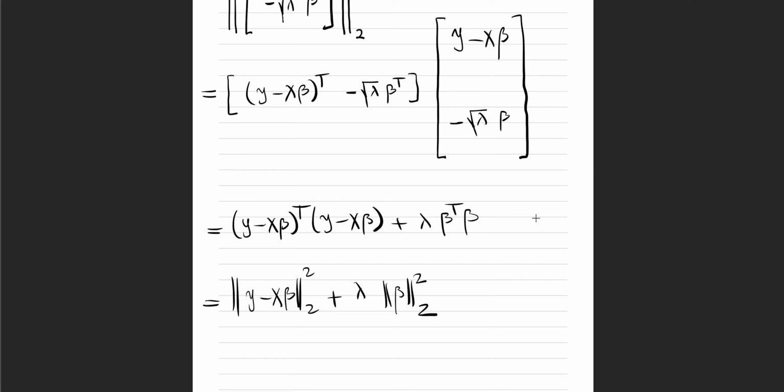So we have y minus x beta transpose times y minus x beta, and then square root of lambda times square root of lambda gives us lambda. So we end up with lambda beta transpose beta. So what do we end up with? The L2 norm of y minus x beta, plus lambda times the L2 norm of beta.